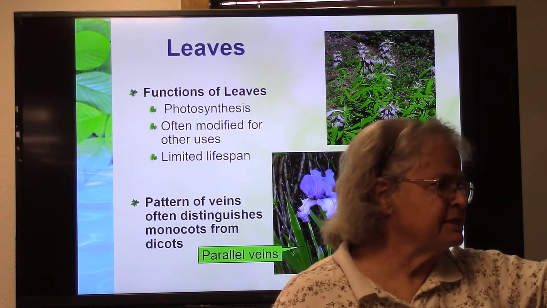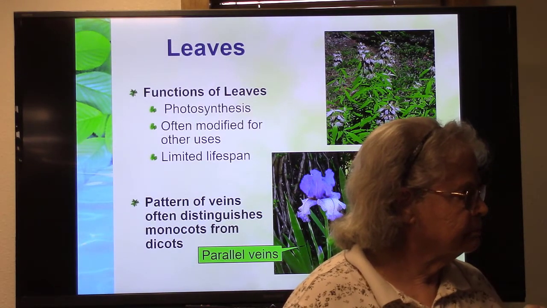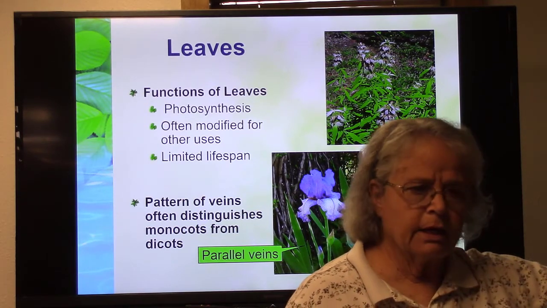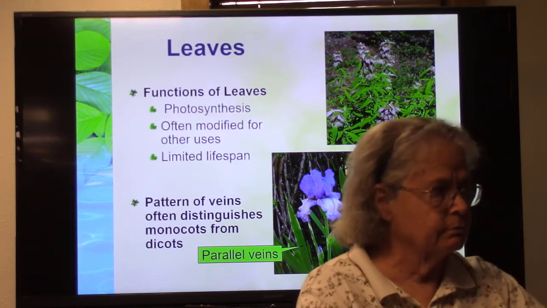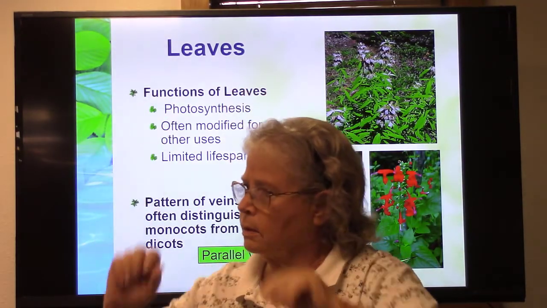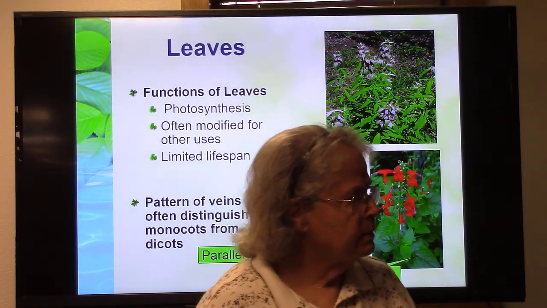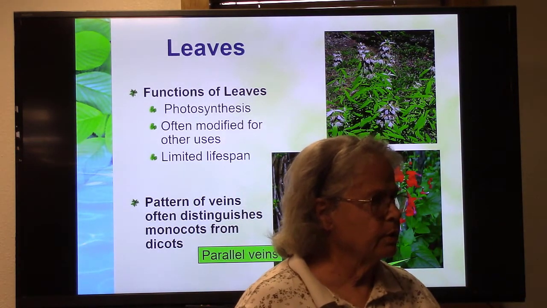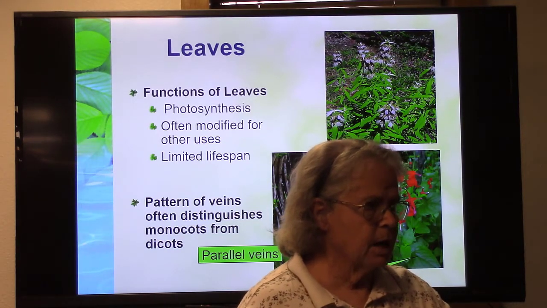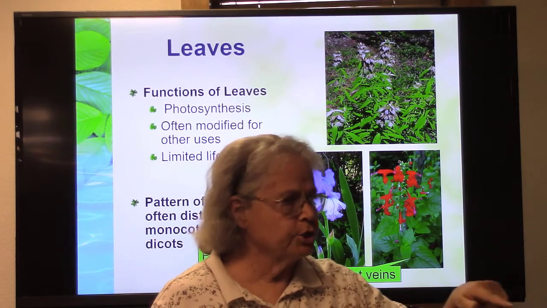Maybe you can see it best in that piece. Can you see the veins kind of all going? Yeah. What is that a characteristic of? What group? Monocots.